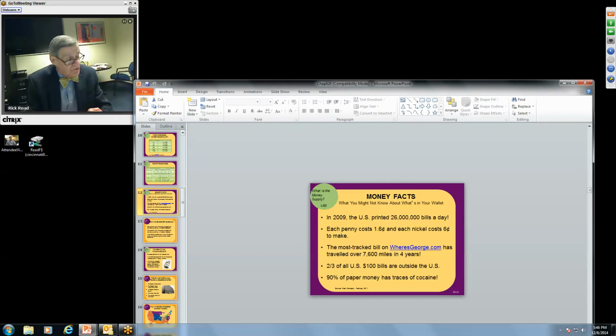And 90% of all paper money has traces of cocaine. Now, this particular slide talks about paper money. I'm not sure it's talking about only United States money. I suspect it's talking about euros and pounds and a few other things.